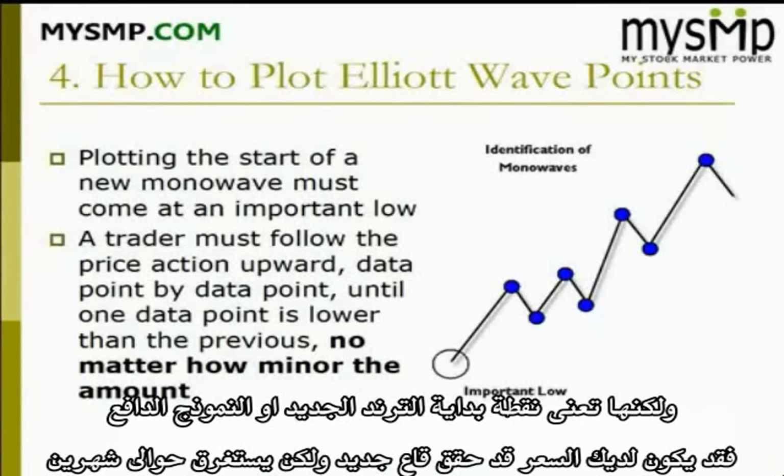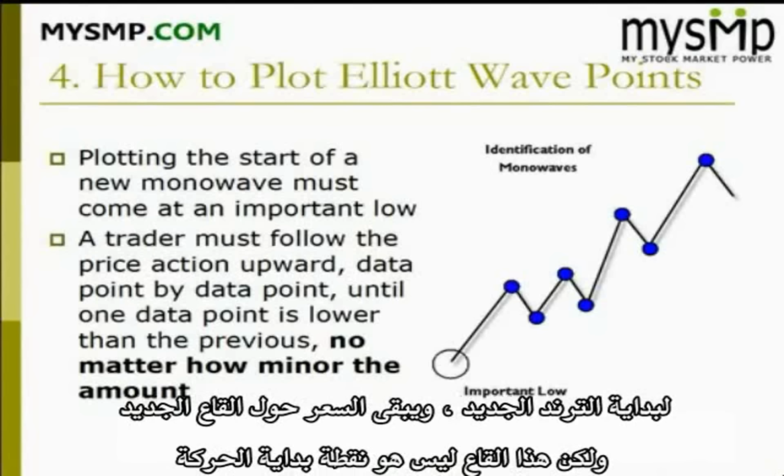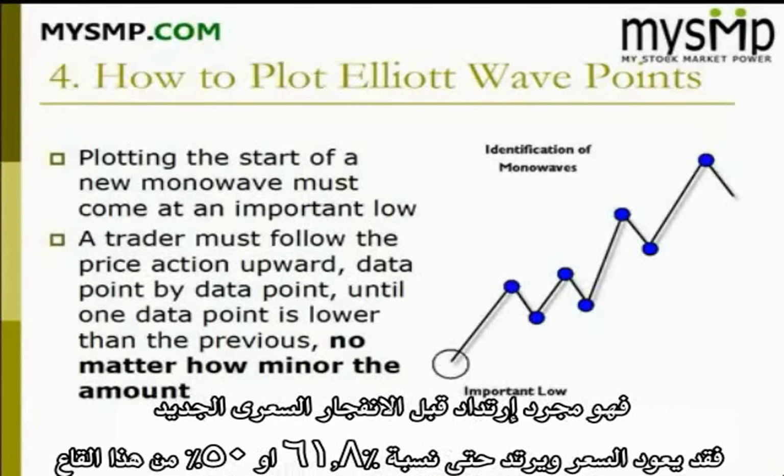So you may have a situation where a security hits a certain low and does not breach that low. It may take 2 months for the new trend to start, and that first low holds. But that first low is not the starting point. It's the actual retracement before the explosion.